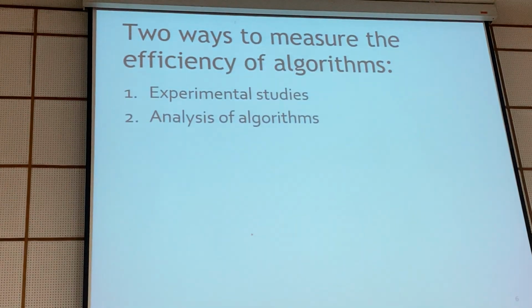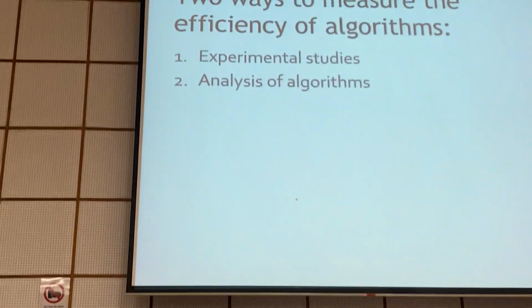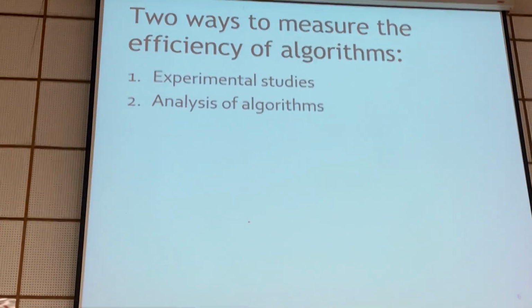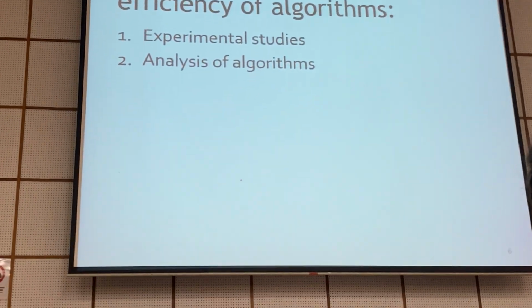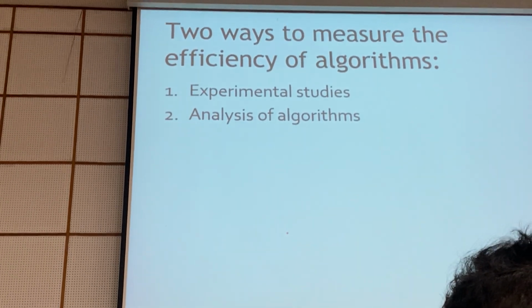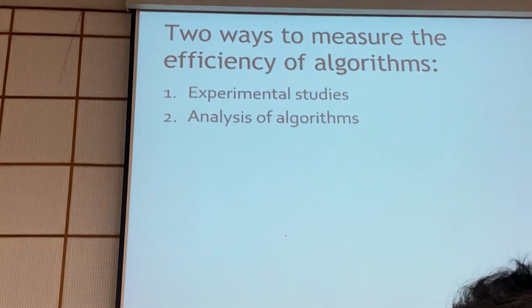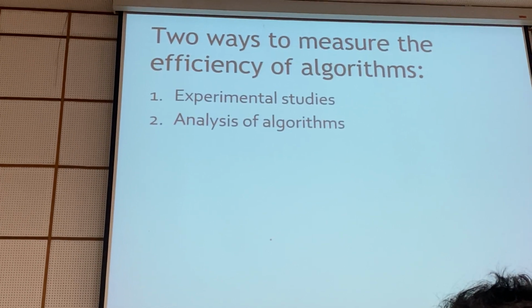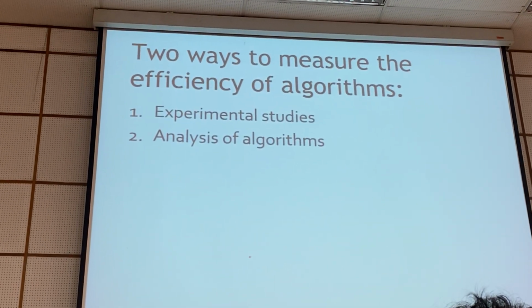There are two main ways to measure an algorithm: experimental study and analysis of algorithm. When you say experimental study, you're not looking at the content first. What do you think it reflects?